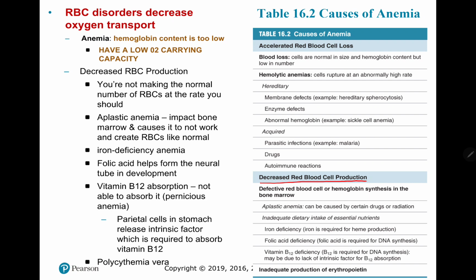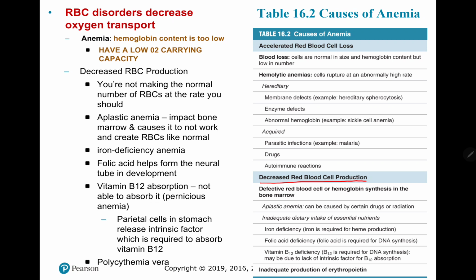Aplastic anemia can be caused by certain drugs or radiation, and it's where your bone marrow is impacted. For example, radiation is destroying your bone marrow, and it causes it not to work properly, and you can't create red blood cells like normal. So you have a low red blood cell count, thus low hemoglobin, thus low oxygen carrying capacity in the body.